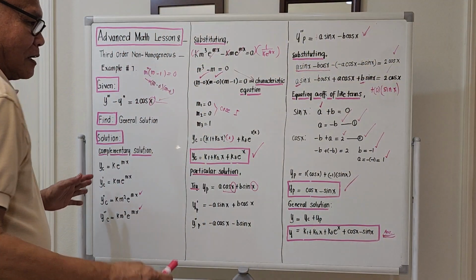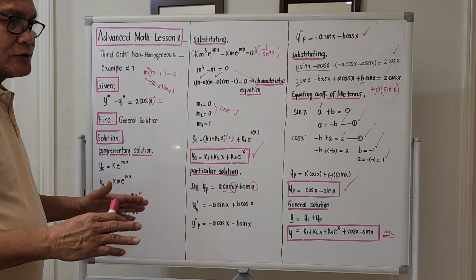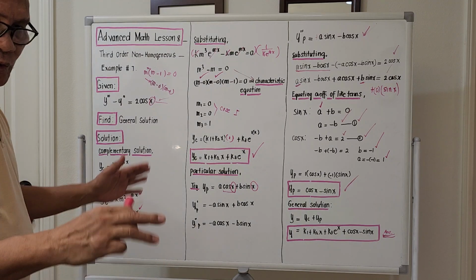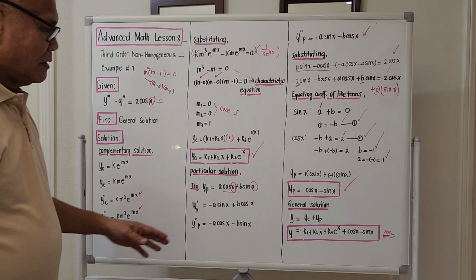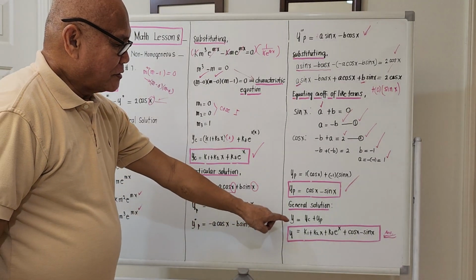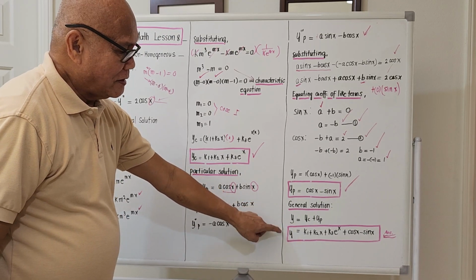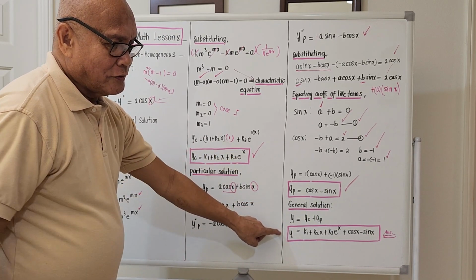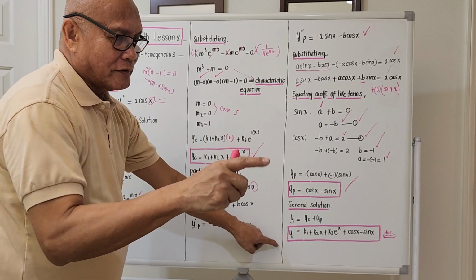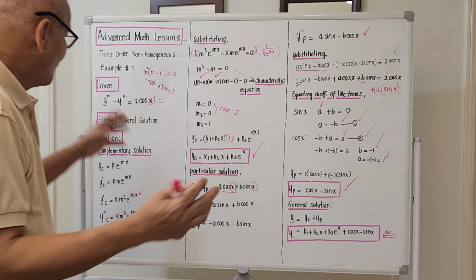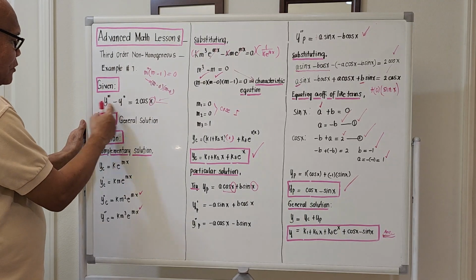Okay. For this afternoon, I will not show you the check and the validity of our answer. You now know the procedure, okay? Just take the first derivative of the total answer, take again the second derivative, then take the third derivative. And to check the validity, go back to the original differential equation.